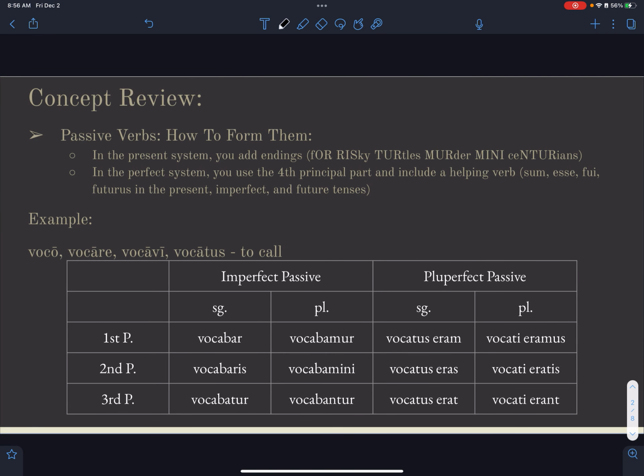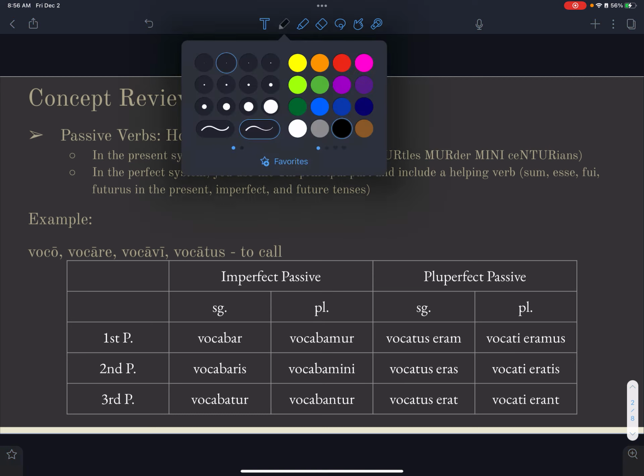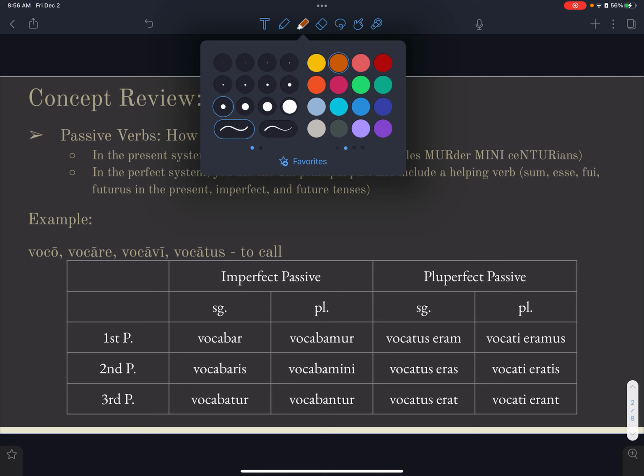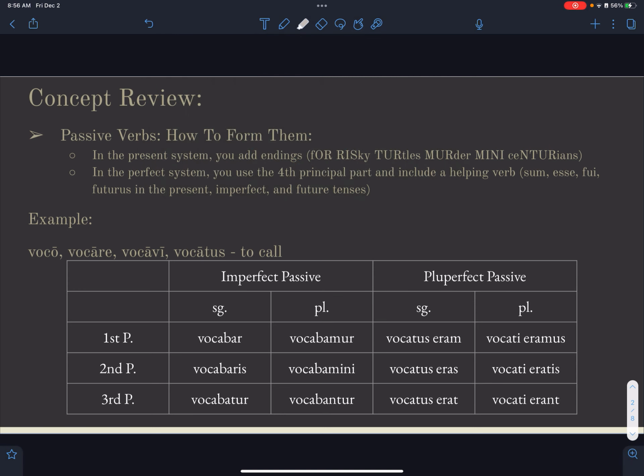So take a look at the chart. Down here I use the verb voco, vocare, meaning to call.